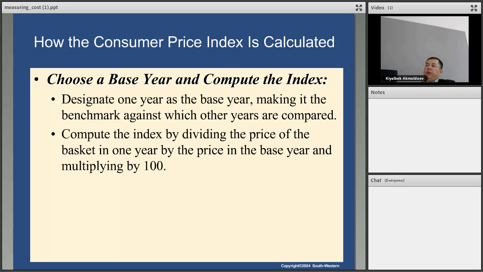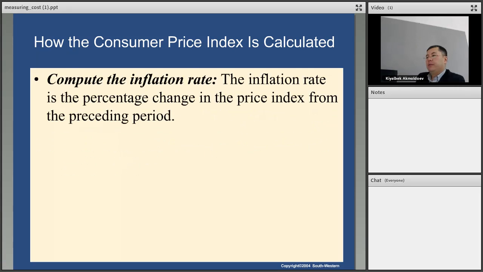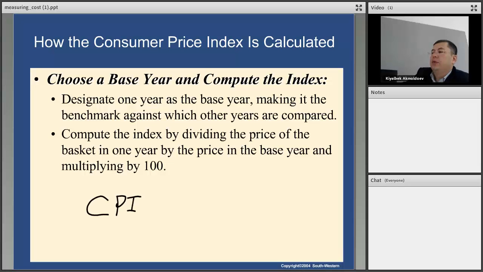Now compute the index by dividing the price of the basket in one year by the price in the base year, multiplying by 100. So CPI, or how do we call it, Consumer Price Index? In short, we call it CPI.